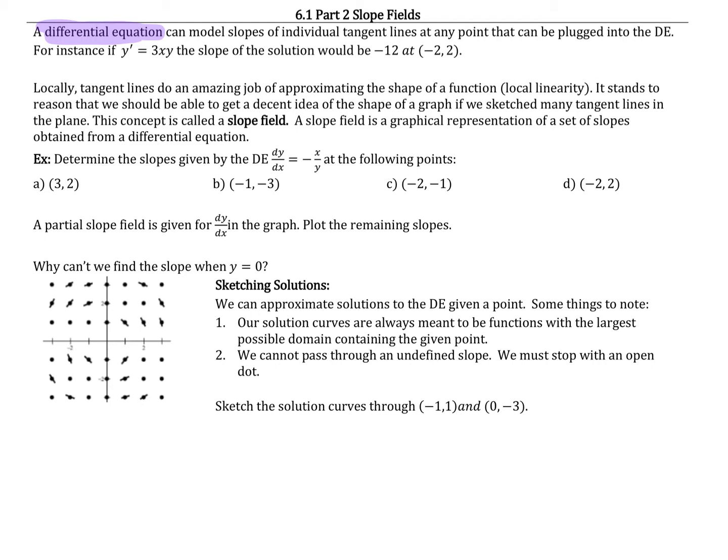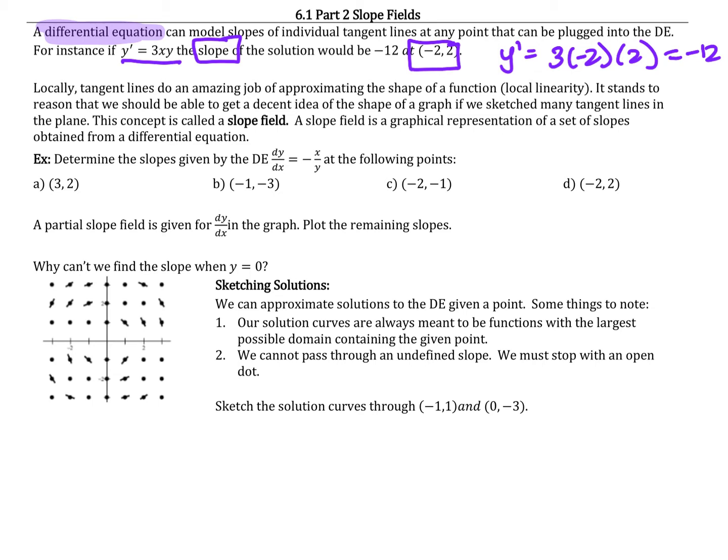So if we looked at a specific equation here, y prime equals 3xy, we could find the slope, because that's what a derivative is, at a variety of different points by plugging in a particular value for x and a particular value for y. So for example, if we wanted to know what the slope was at the point negative 2, 2, we would plug in negative 2 for x and positive 2 for y, and we would get that the slope at the point negative 2, positive 2 is negative 12.